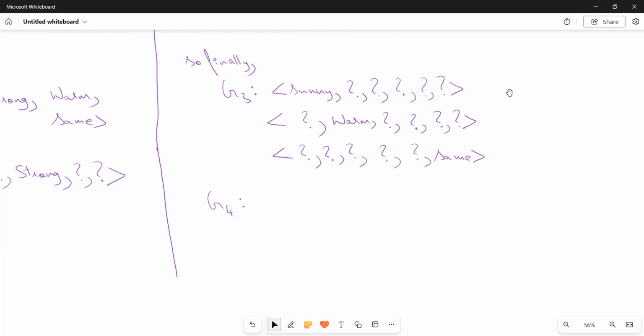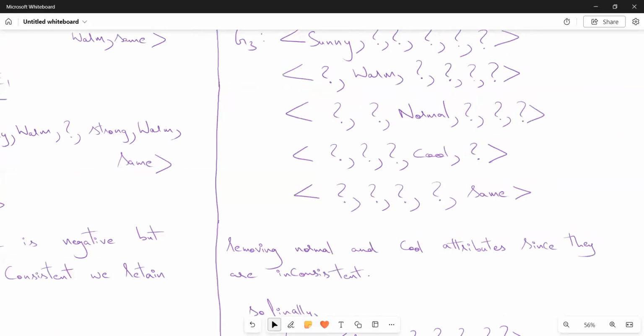Sunny again with the examples, Warm again with the same examples, and then the last hypothesis too with the same examples. If the same attribute has an inconsistency, then the attribute is removed. Now we are going to compare the first hypothesis.